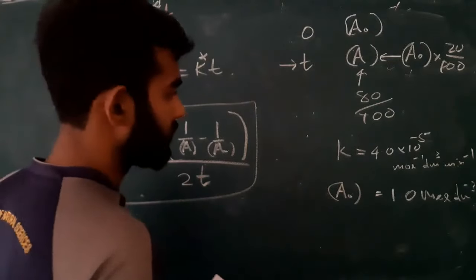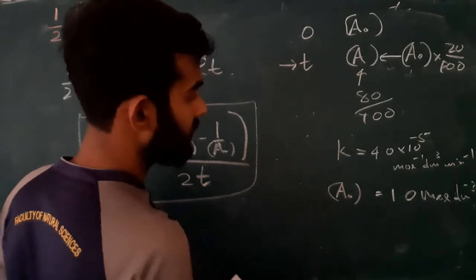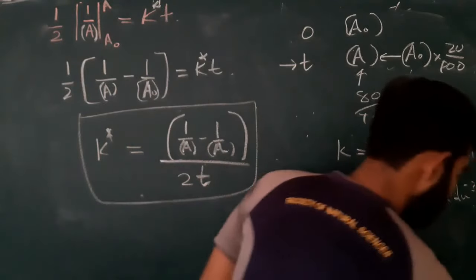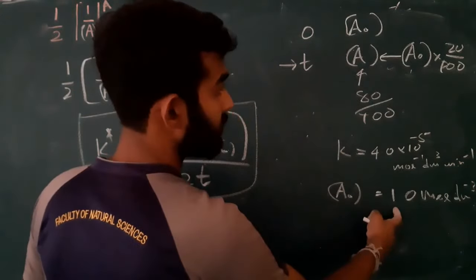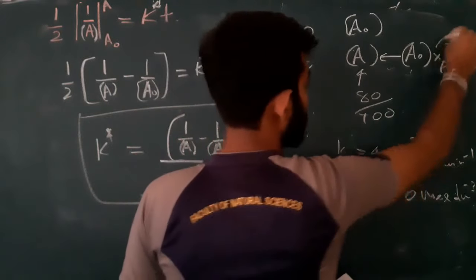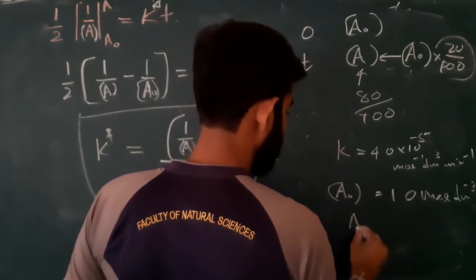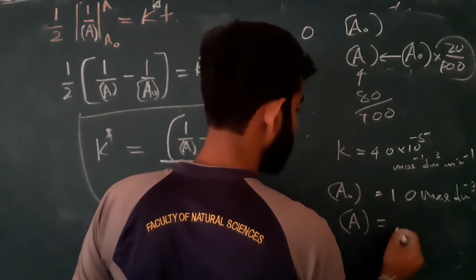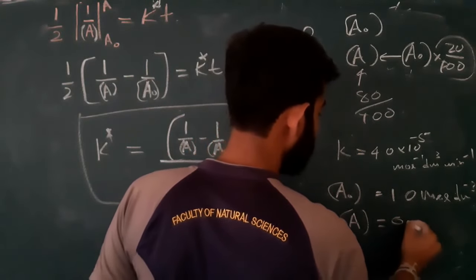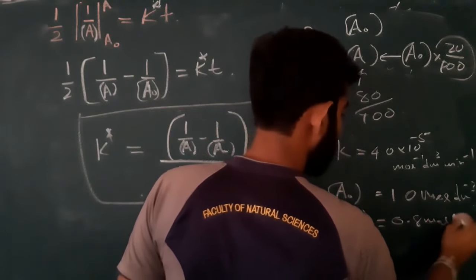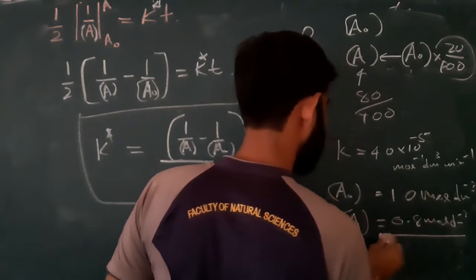Now we know k, we know a. This is the initial concentration. So what about the final concentration? After reacting 20%, the remaining will be 80%. So after time t, a will be 80%, meaning 0.8 mole per cubic decimeter. This is the final concentration.